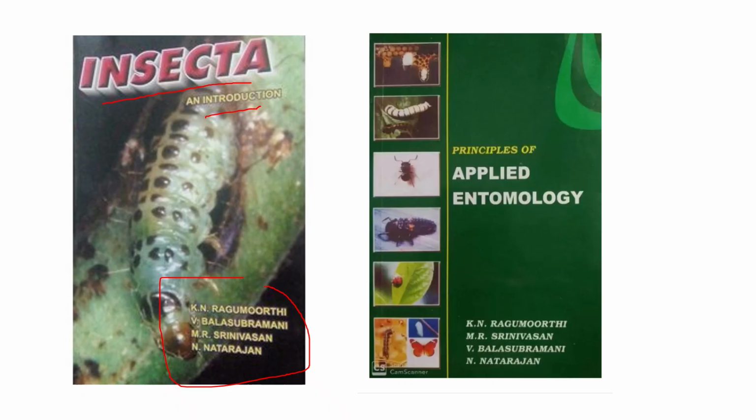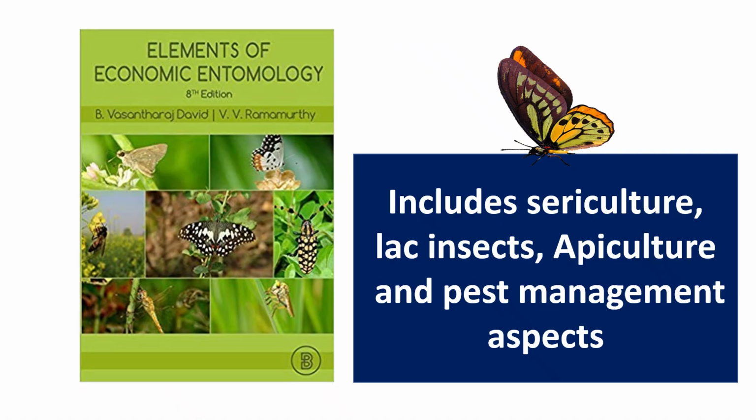The book Insecta mainly covers insect morphology, anatomy, and taxonomical part. And the applied entomology book mainly covers the sericultural part, apicultural part, biological control methods, IPM, and some toxicological part also.